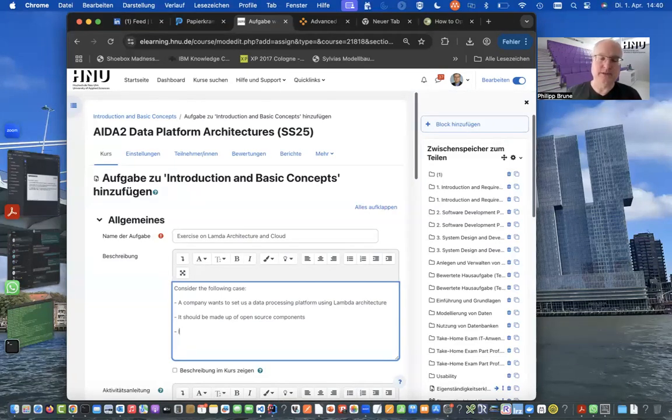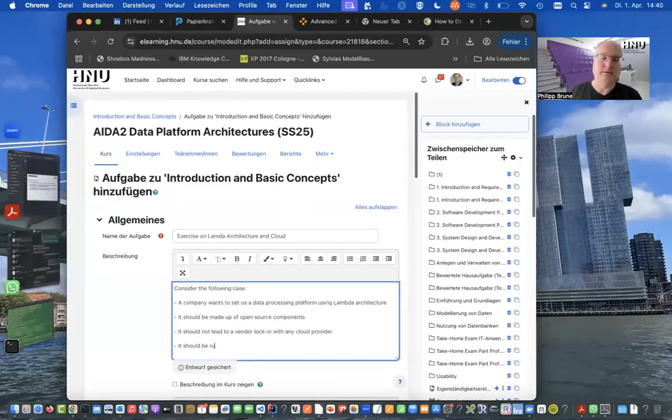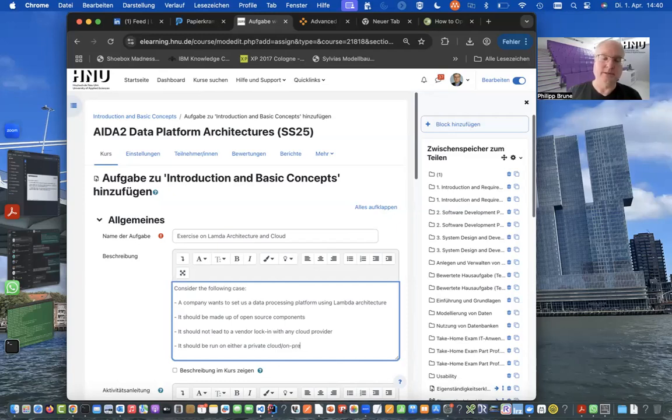And it should be run on either cloud, on-premise, or virtual private cloud.